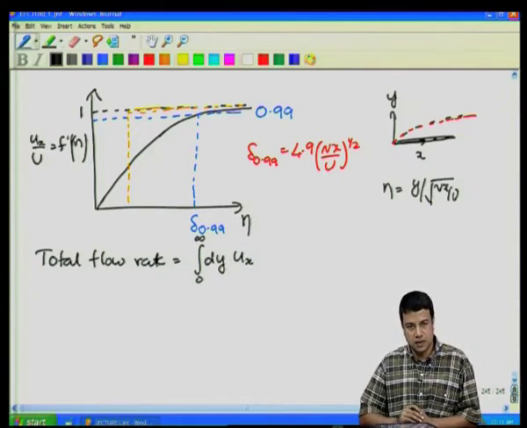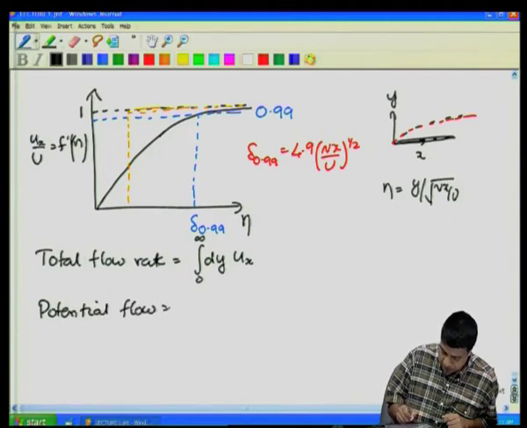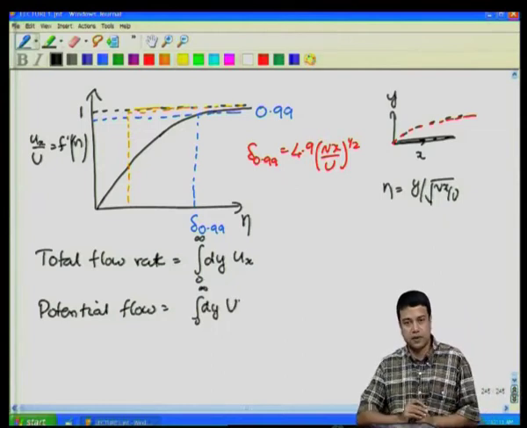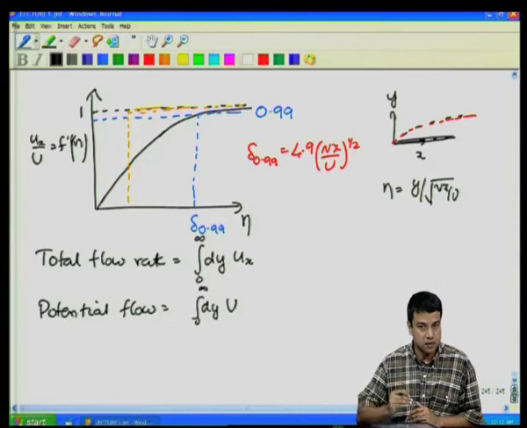So, that is the actual flow rate. The flow rate predicted by potential flow is going to be integral 0 to infinity dy times u. Note that this is 2 dimensional, so we are always taking with respect to unit distance in the third direction. So, this is equal to integral dy times u.